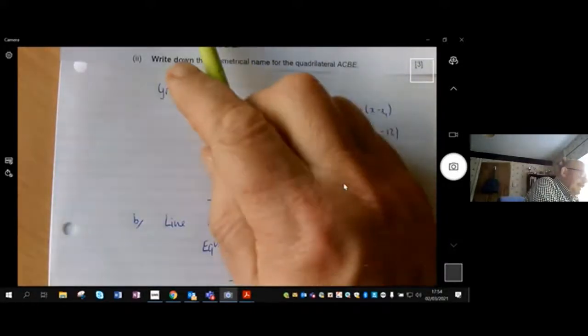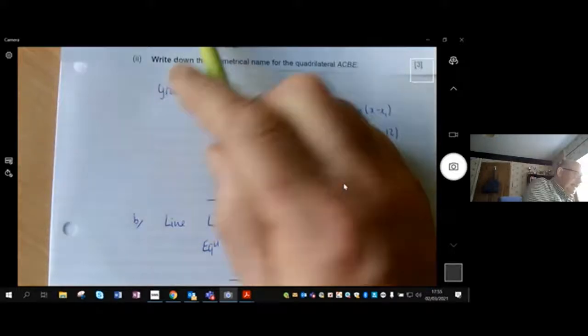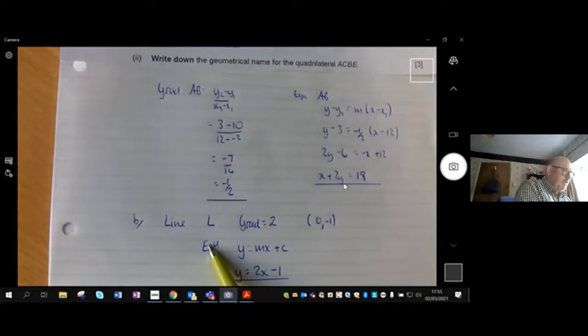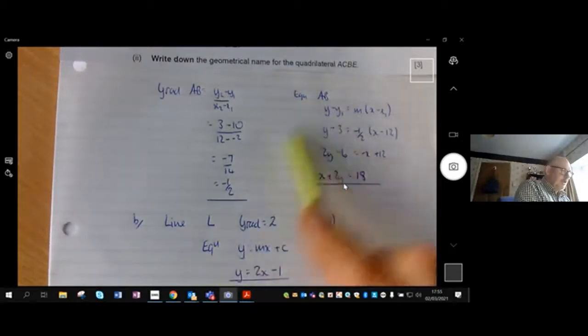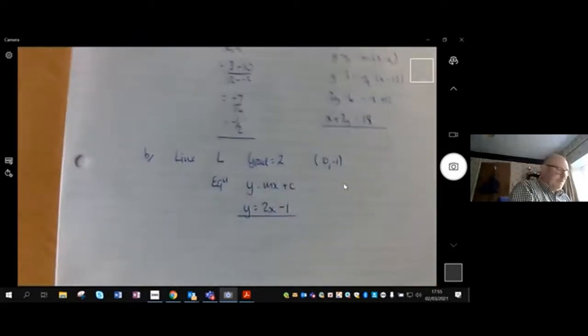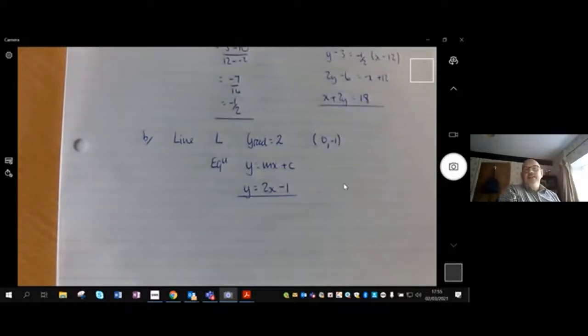Show that D, where's D? D is where AB and L intersect. So we've got to solve these two equations simultaneously. Now I'm not going to spend a lot of time on simultaneous equations except to say people make heavy weather of them. Watch.